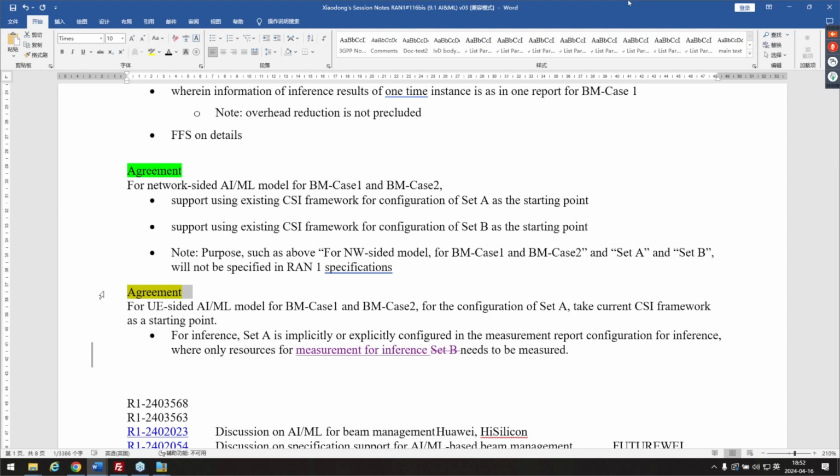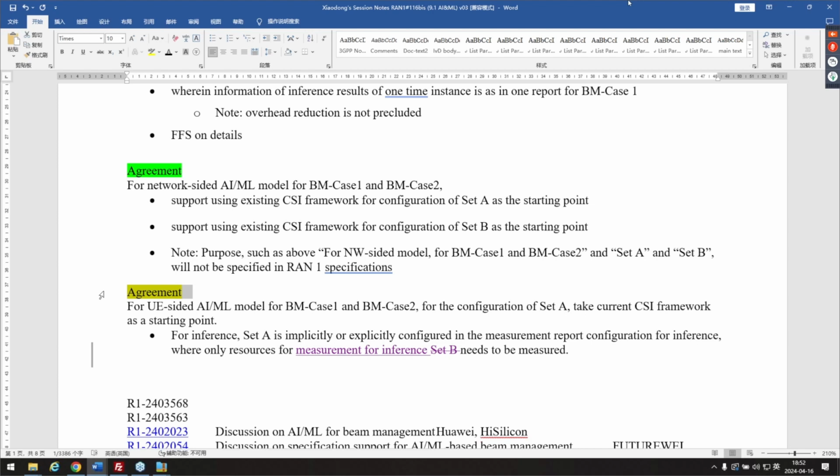Yeah, so let me reply to the first comment. I think the main bullet is for all purposes. If you want to spell that out to say for inference, I try to avoid listing all the purposes because we are not tasked to discuss the data collection. So this is common for when it's needed. When a configuration of set A is needed, CSI will be the starting point. That's the first.